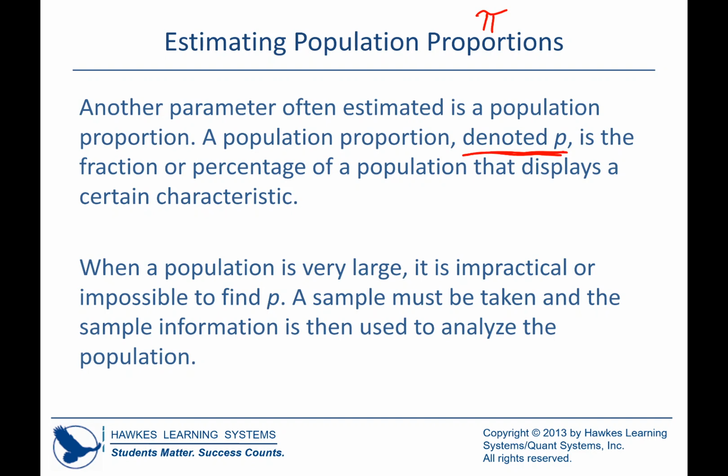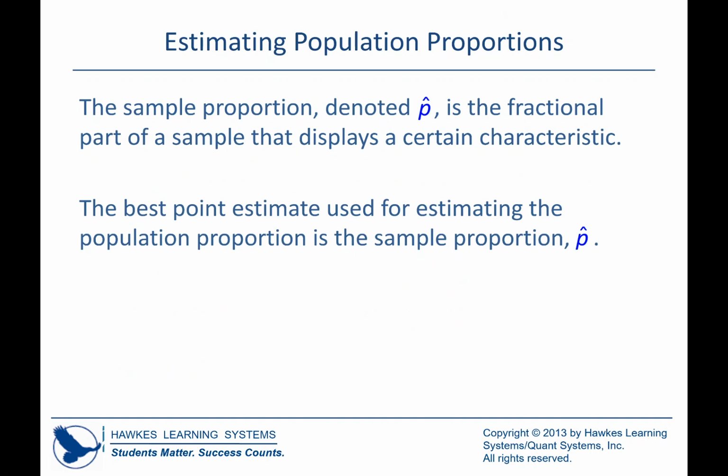So p is our population proportion, our parameter that tells us about the whole population. If we take sample data and calculate a proportion from our sample data, we get a sample proportion, and our symbol for a sample proportion is a p symbol with a little rooftop looking thing on top of it.